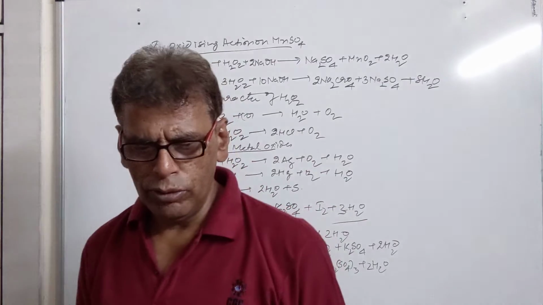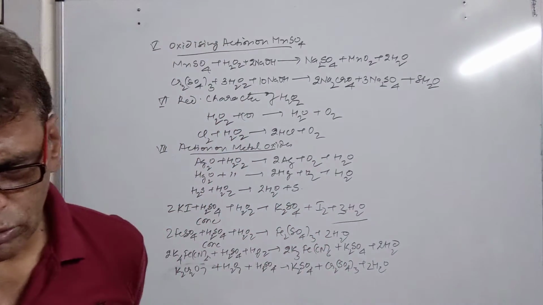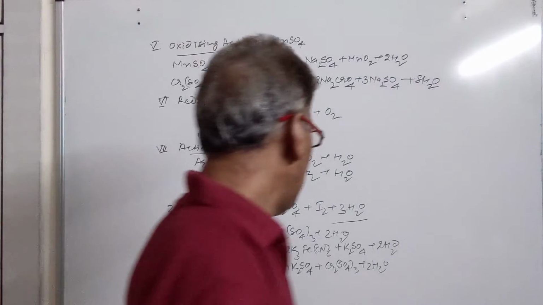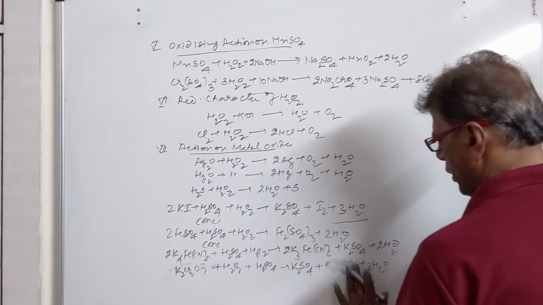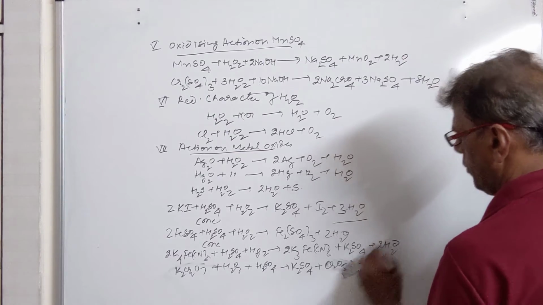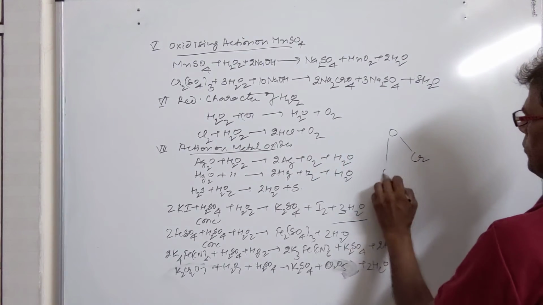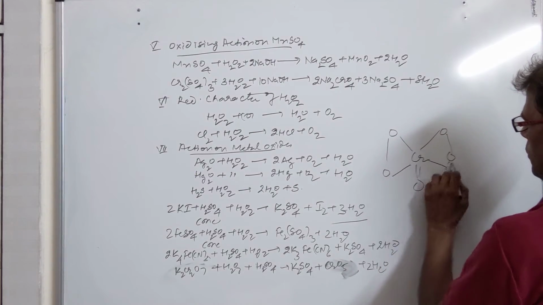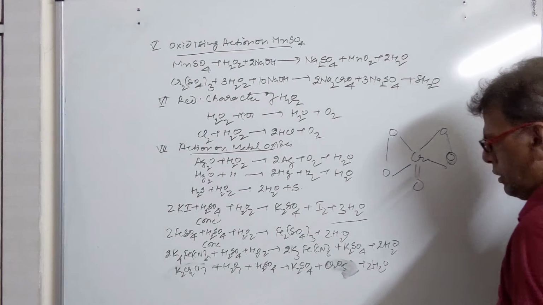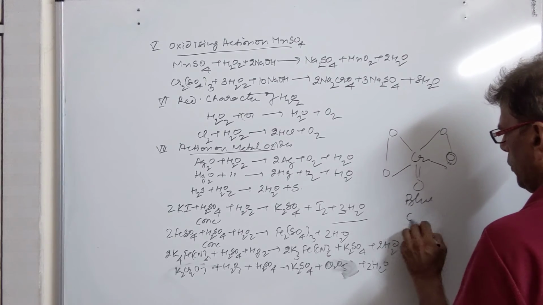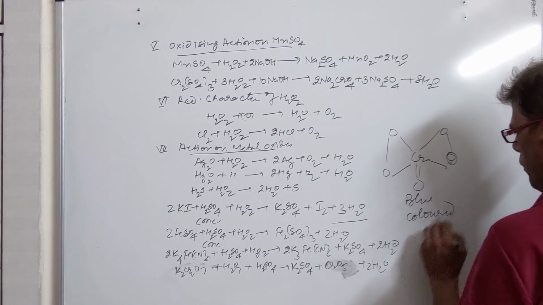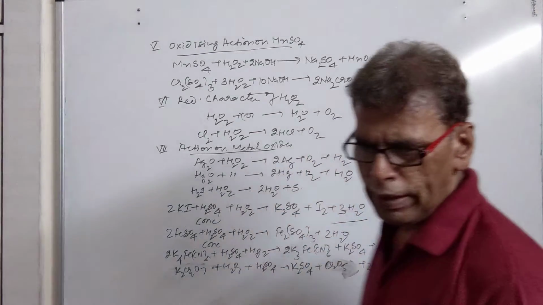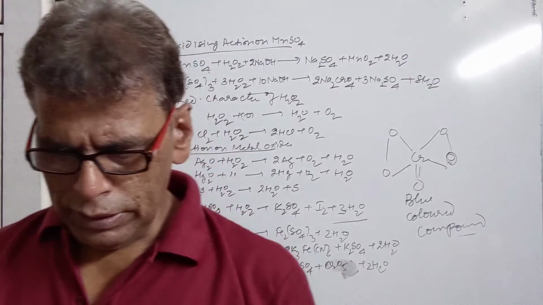So K2Cr2O7 plus H2SO4 plus H2O2, you get K2SO4, we get CrO5 in this case. It is another product, CrO5. Structure is like this. This is CrO5, a blue colored compound. So this is the property.